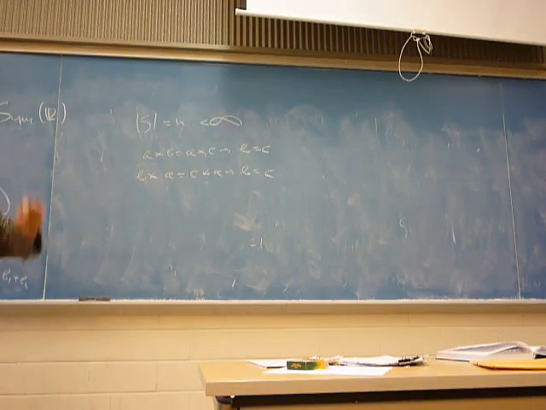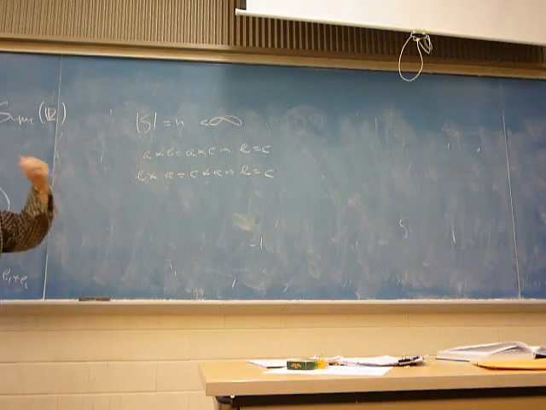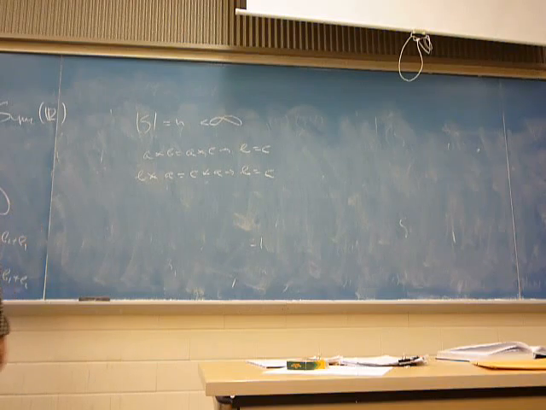What are we missing to claim that it's a group? We have a set S with an associative operation, and it's closed.